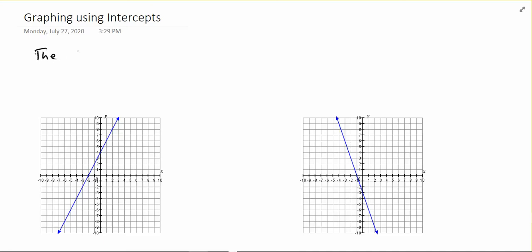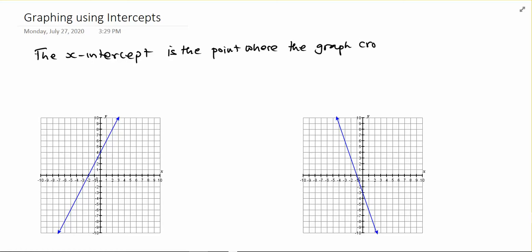The x-intercept is the point where the graph crosses the x-axis.